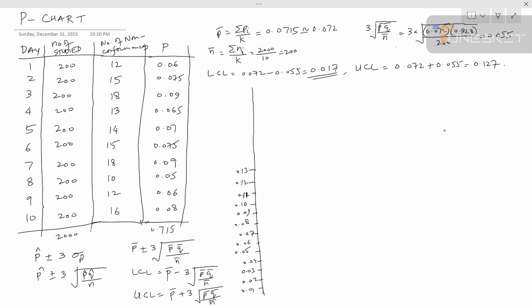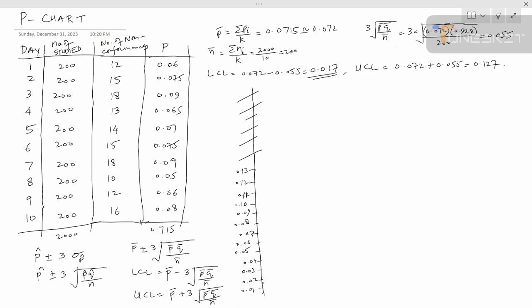That's all. Now we will draw the lower control limit at 0.017.